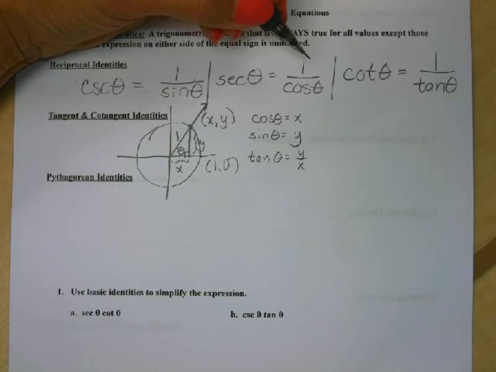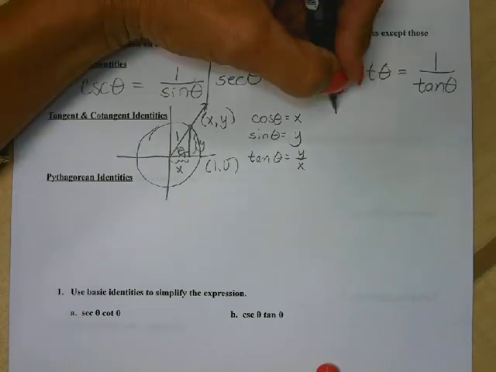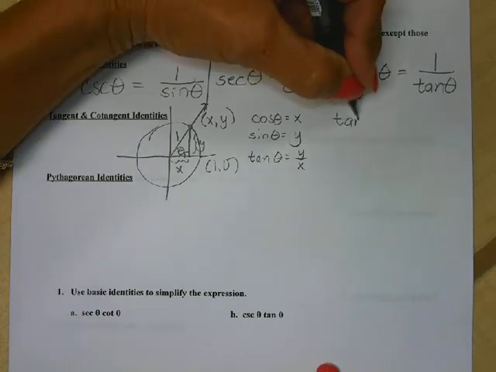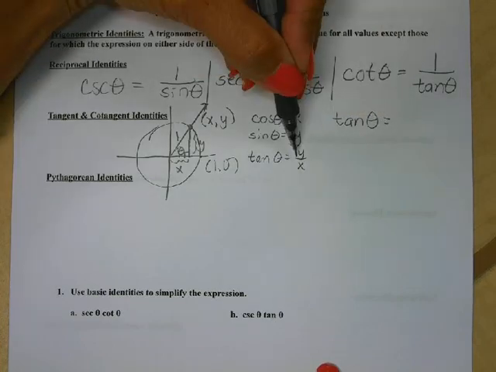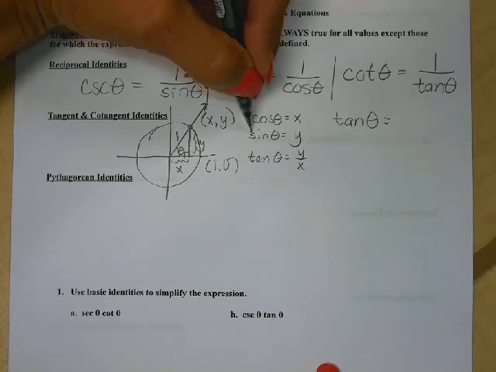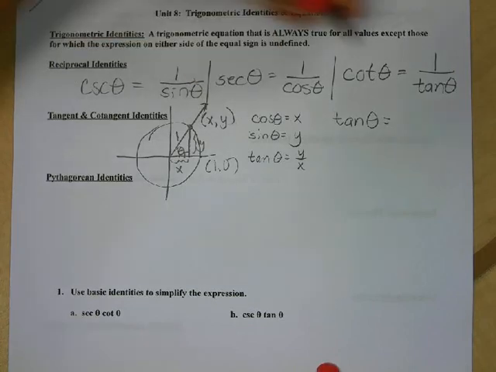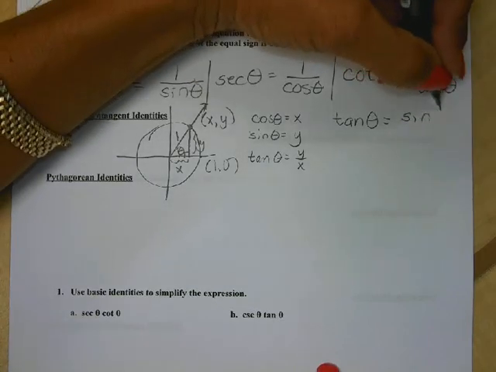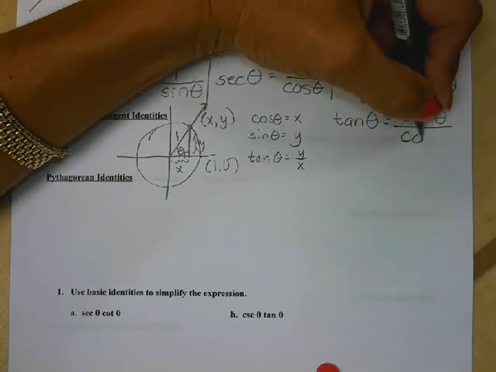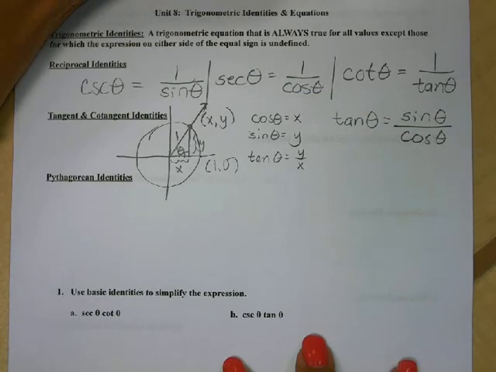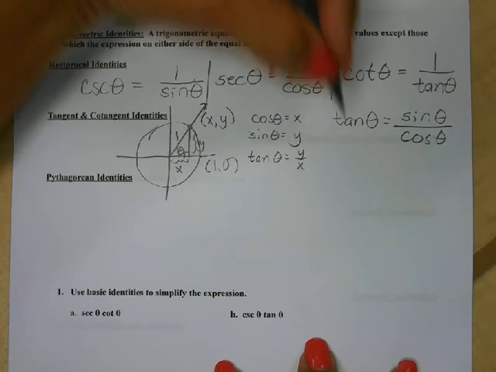So we can see that we can do a little substitution here to come up with what we call the tangent identity. And the tangent of theta can also be written as not just y over x, but the sine of the angle divided by the cosine of the angle. So that is our tangent identity.